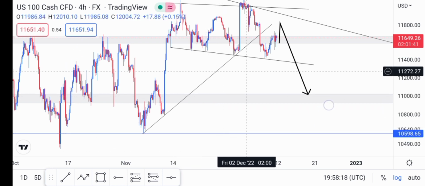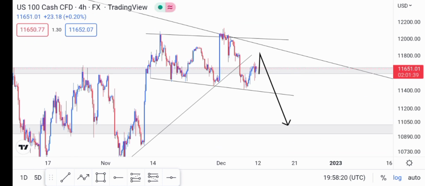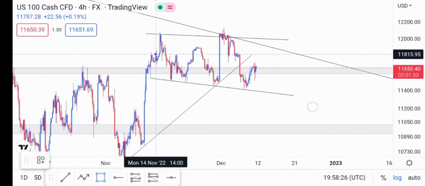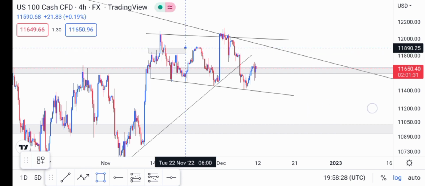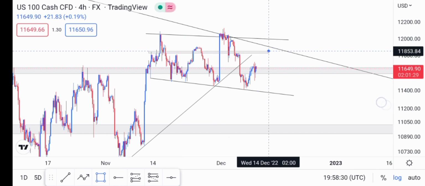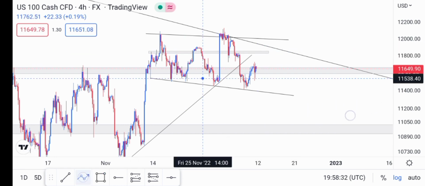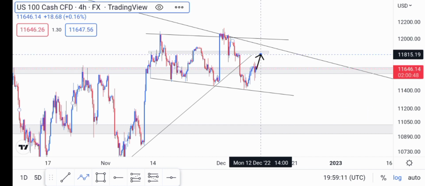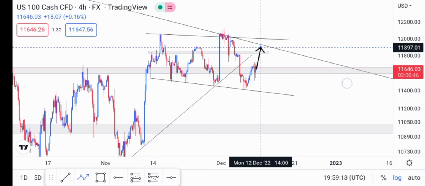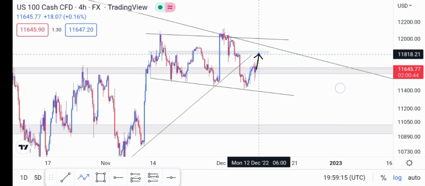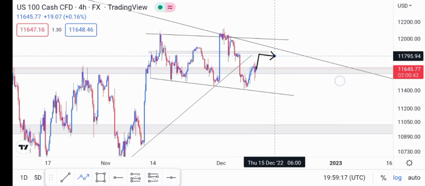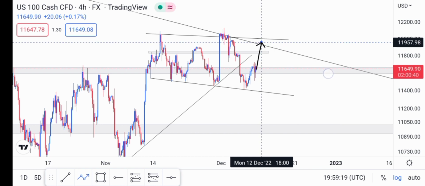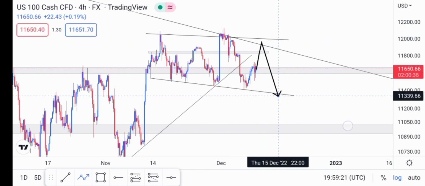So okay, we saw a breakout. So this is a breakout. So the market may try to retest this level right over here. The market is going to try to retest this level here, maybe here, or maybe here, before pushing to the lower side.